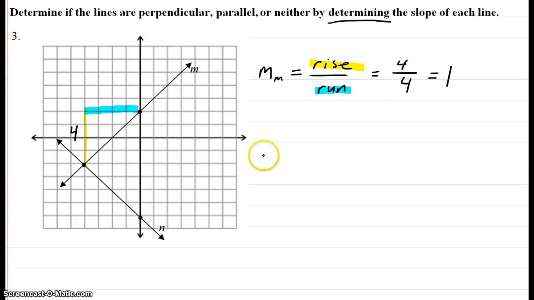Now let's find the slope of the second line. Find the slope of N. Same thing, rise over run. So this time we're going down, and then our run is still going to the right.